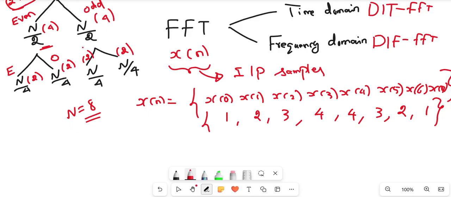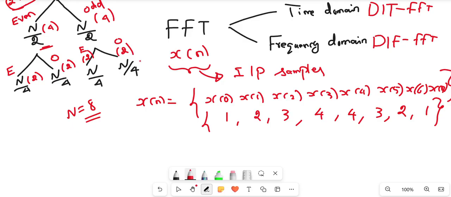You decimate 2 N by 2 first into even and odd, and the same way N by 4. The N by 2 point DFTs are further divided into N by 4 point DFTs, and this decomposition process continues until 2-point DFTs are obtained.